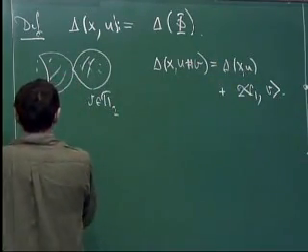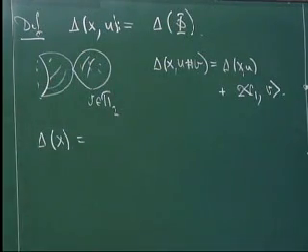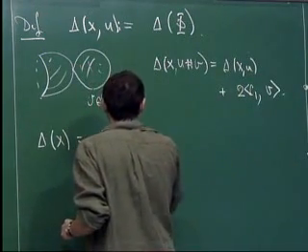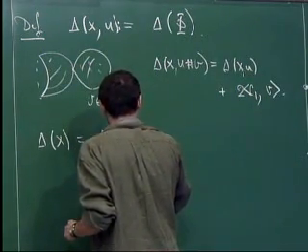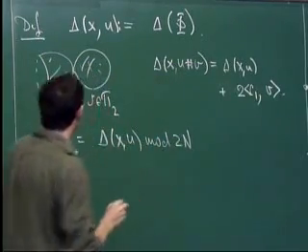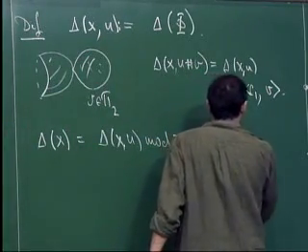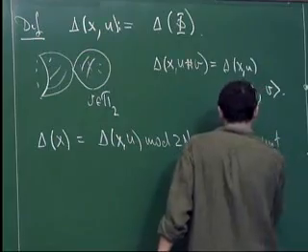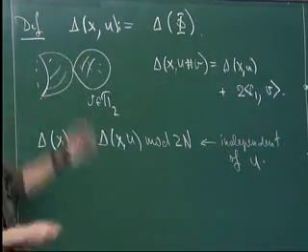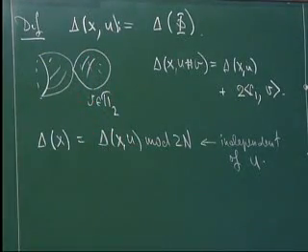Which says that when I look at the index mod minimal Chern, or mod twice minimal Chern, it is well defined. So it is independent of the choice of what we call a capping. It's like a cap attached to the periodic orbit.